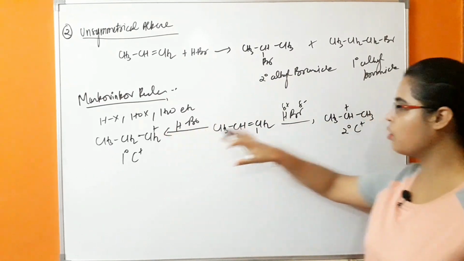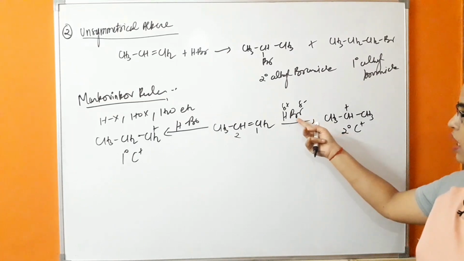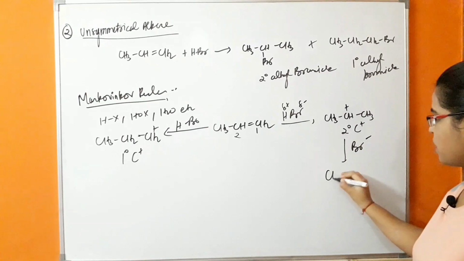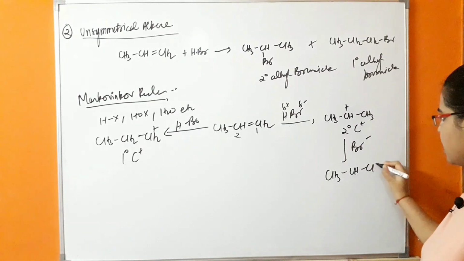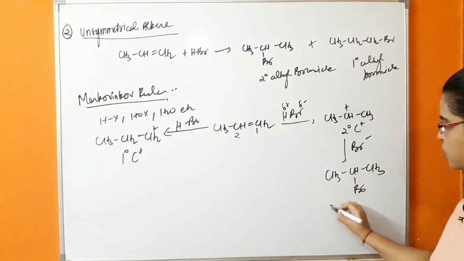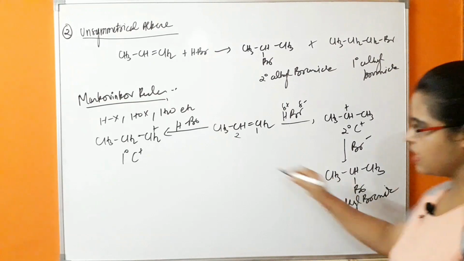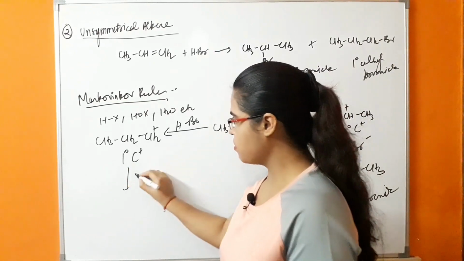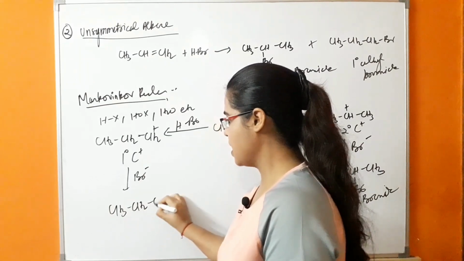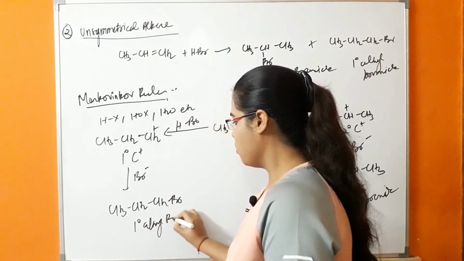On the basis of the carbocation, the nucleophile will attack further. The nucleophilic part is Br minus. In one case a 2 degree alkyl bromide is formed, whereas in the other case a 1 degree alkyl bromide is formed.